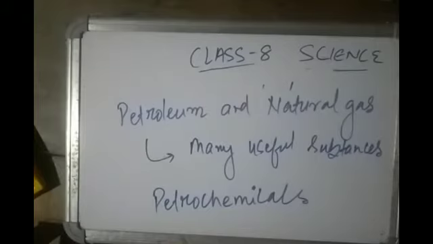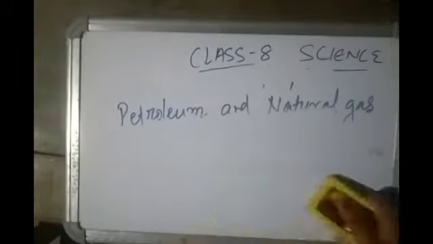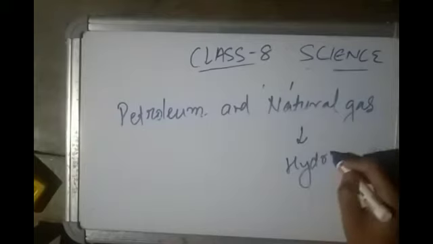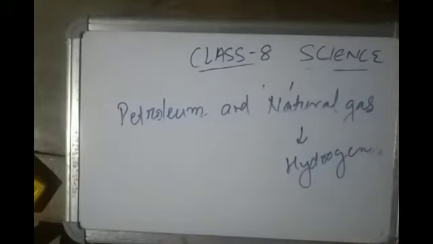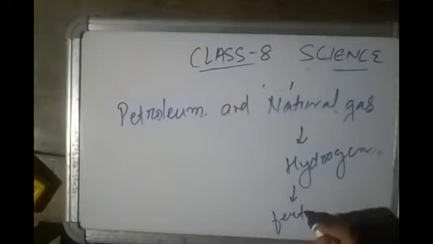They are used in the manufacture of detergents and fibers like polyester, nylon, acrylic, and polythene. Hydrogen gas obtained from natural gas is used in the production of fertilizers.